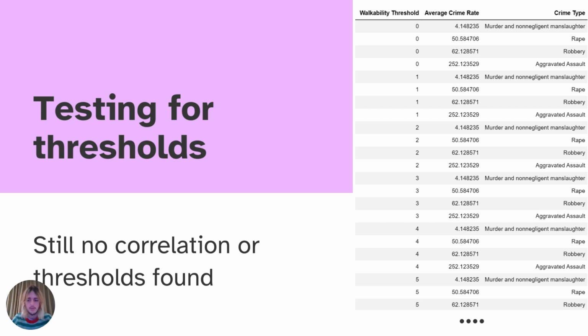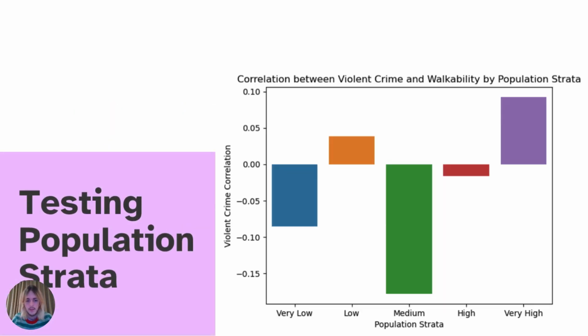So I tested each of the 4 subsets of violent crime at each individual walkability index, from 0 all the way to 12. However, throughout all of this data, I found little to no correlation between walkability and any violent crime, and no actual thresholds were found. It kind of just seemed to be flat across the whole board.